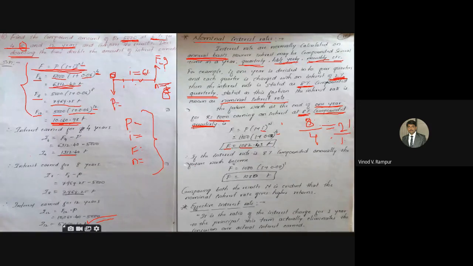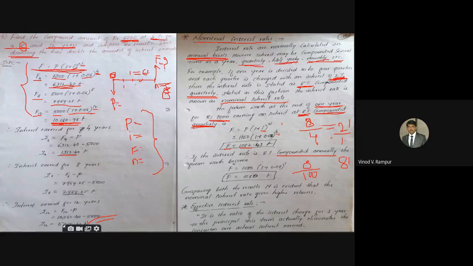If the interest rate is 8% compounded annually, now just see that here the compounded quarterly means 2%. If it is given compounded annually, then what happens? 8 by 100, that is 8%. That is directly 0.08 raised to n is equal to 1, because compounded annually for 1 year I am calculating this.